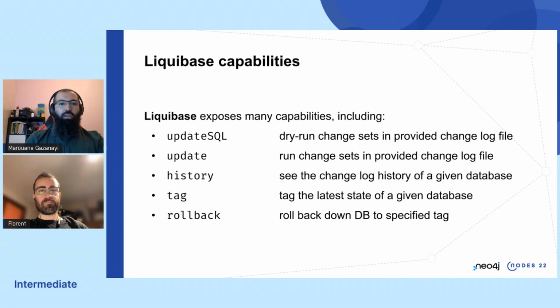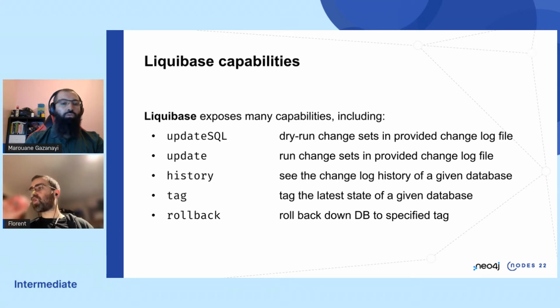So once you have installed Liquibase Neo4j, what can you do? You have all these commands to execute on, of course, all the databases. If you run, for example, an update SQL, this is a dry run to test your change sets against the database. It will give you the possibility to test if everything is okay or not.